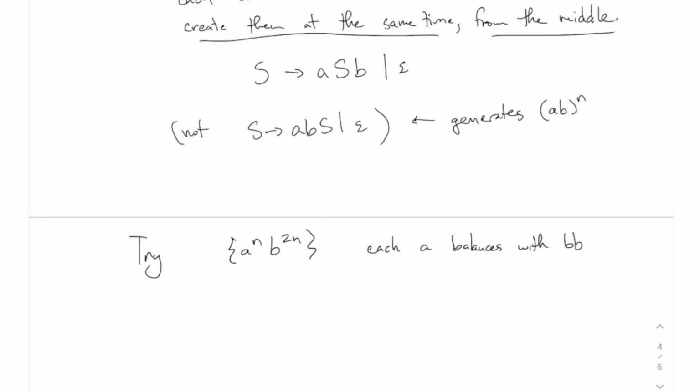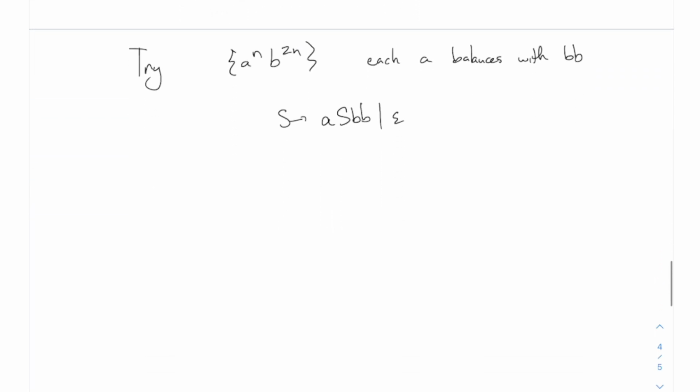Every a this time matches with two b's. So, with that as your inspiration, inspired by a to the n, b to the n, how would I write the grammar for this? What do you think? Yeah, that's it. A S B B, or epsilon. Yeah, each A balances with BB.